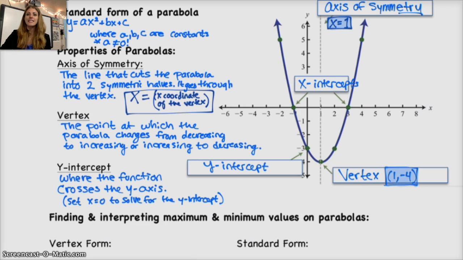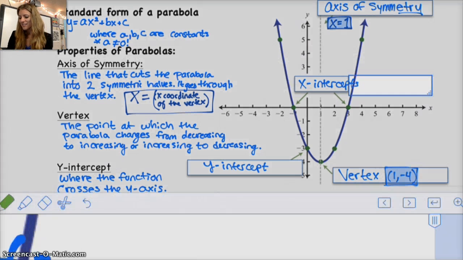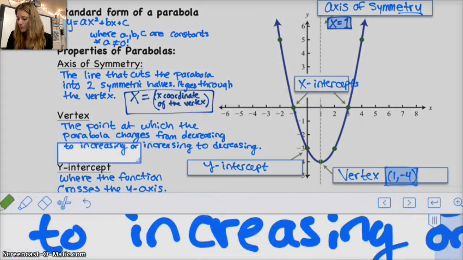It's different based on the form that the quadratic is in, but if you have it in standard form, which is ax squared plus bx plus c, then the vertex x-coordinate is negative b over 2a. So the vertex is negative b over 2a.